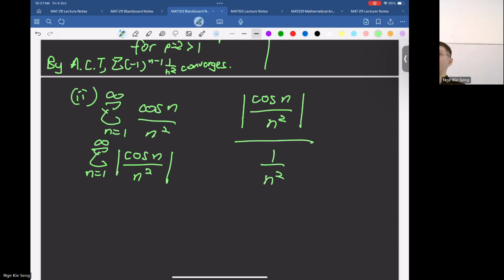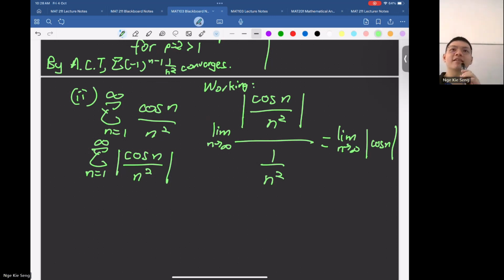Okay, let's try first. Let's do some working. What do you get here? Multiply it in, I think you can, right? So the limit as n goes to infinity of 1 over cos n. Oh, so what's this limit? This limit diverges.